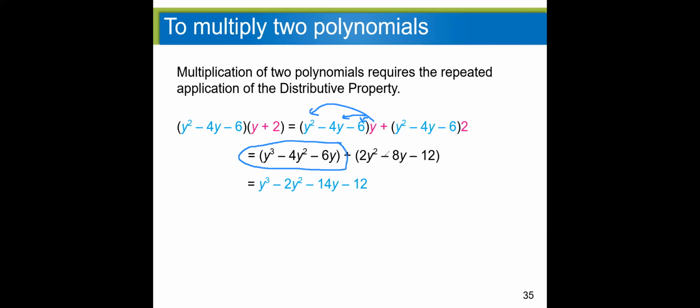Since everything's at the same order of operations, everything's at the same part of PEMDAS in this middle stage here, everything's at the same operator level. You don't need the parentheses, so that's where minus 4y squared plus 2y becomes minus 2y. Right?